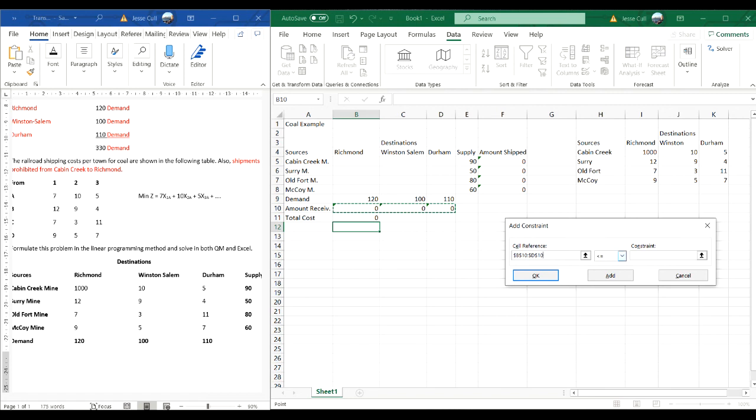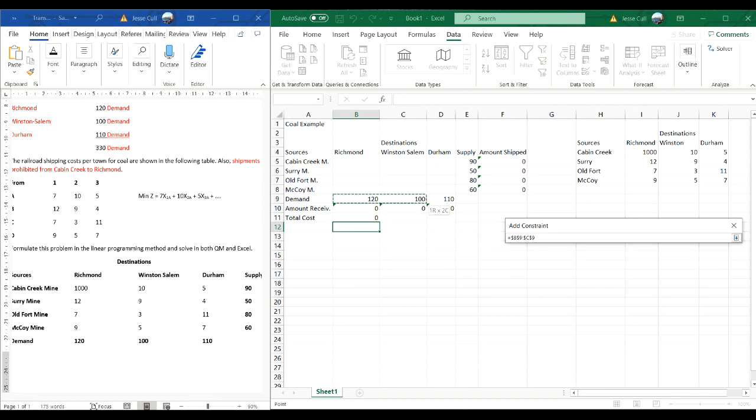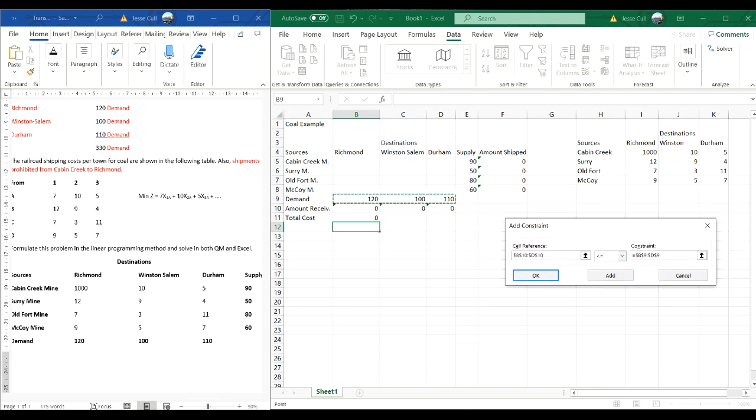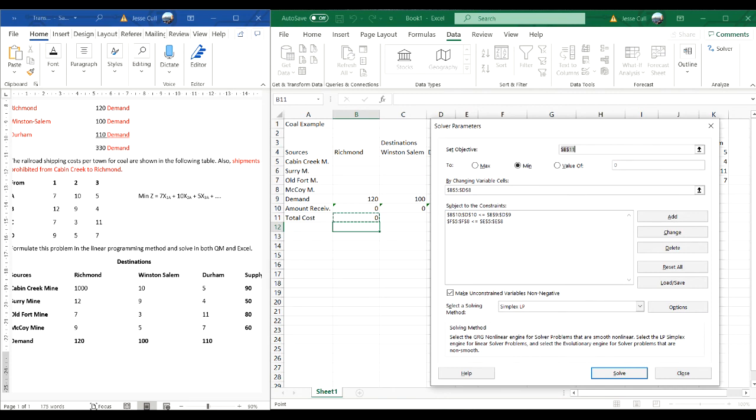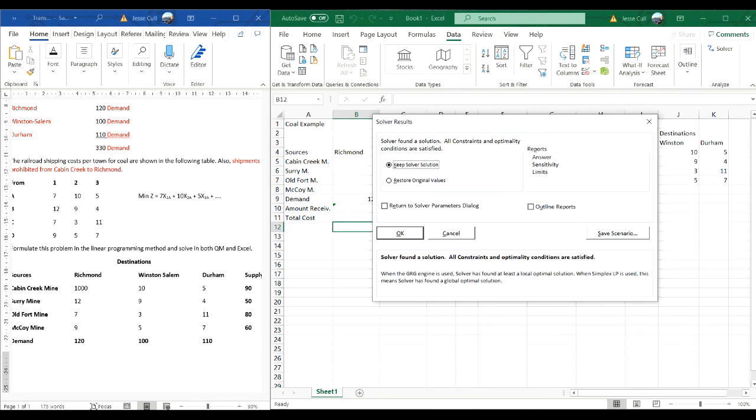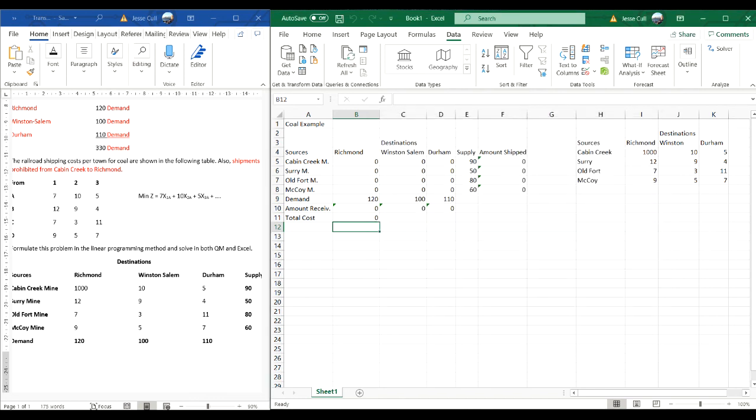So it has to be less than or equal to the amount demanded. We hit OK, and we've completed the problem. So we hit solve here. Solver found a solution. All constraints and optimality conditions are satisfied. We hit OK. Oh, 1 second.